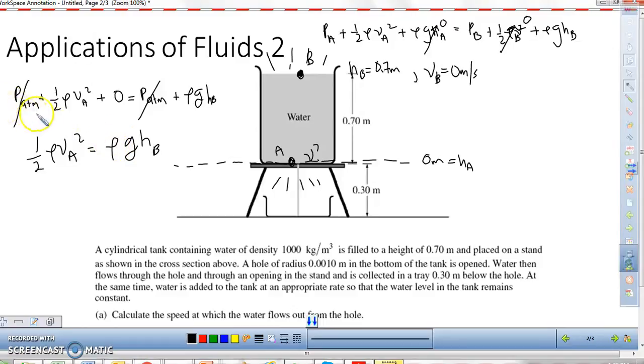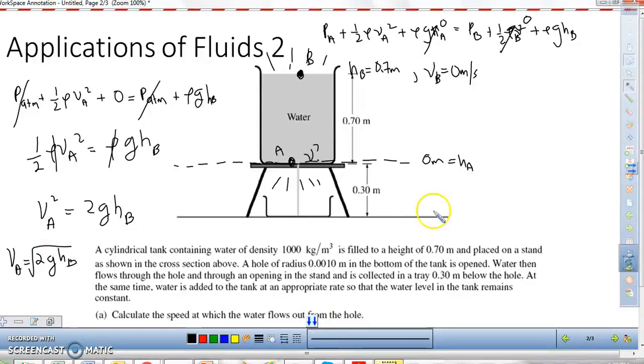Just coming back to this to make sure I was clear, these are the same values, so the rho terms just cancel each other out. And if I bring the 2 up, I get VA squared is 2gHB. And as you might imagine, VA is the square root of 2gHB.